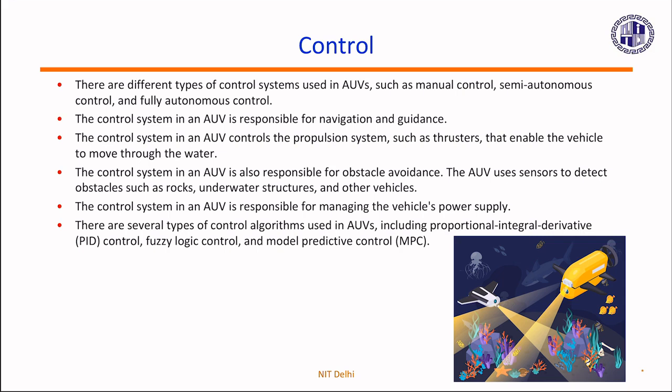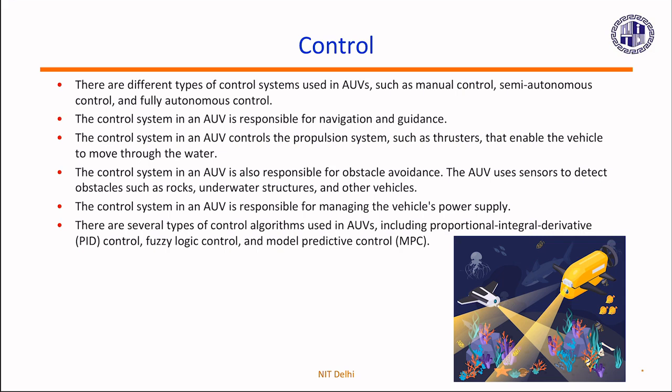There are several types of data processing algorithms used in AUVs including signal processing, image processing, and machine learning. Signal processing algorithms are used to filter and analyze signals from sensors such as sonar and acoustic signals.